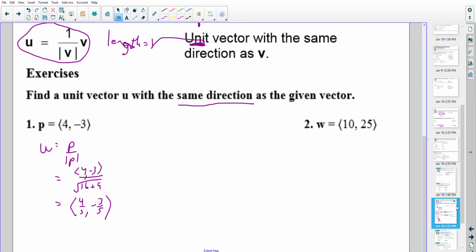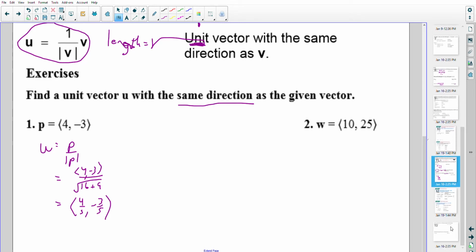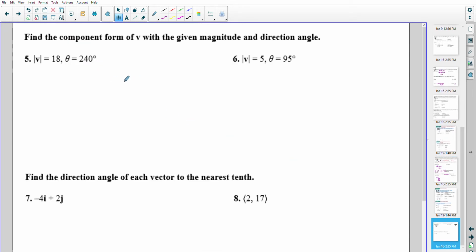Now, another part that you can do with the vector is to simply answer these types of questions. And I would say the way to do it is to definitely graph it. So find the vector v with the given magnitude and direction angle.